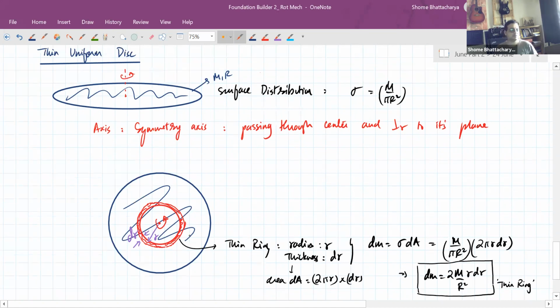This thin ring that we mentally sliced out from the disk has a mass of so much. Just note down up to here first.